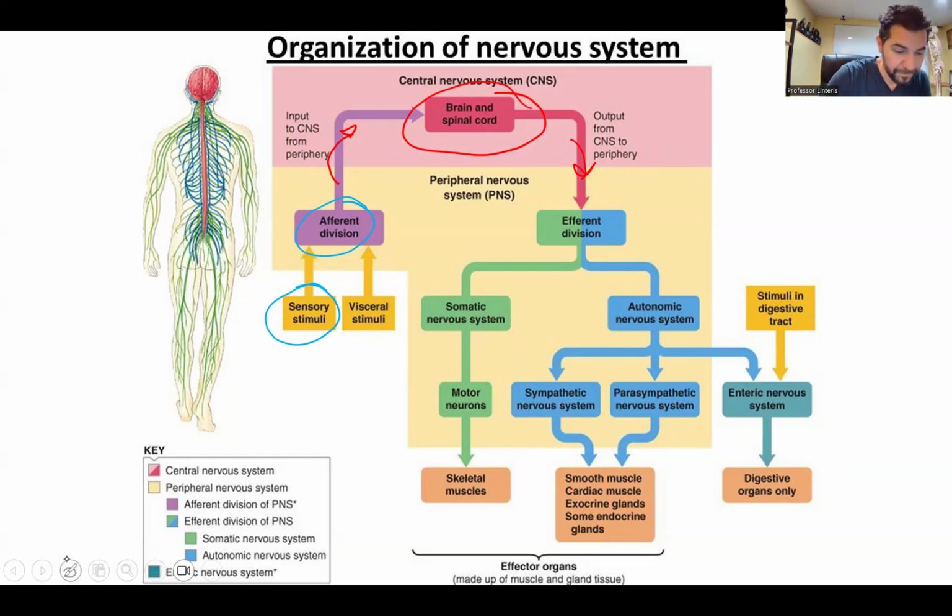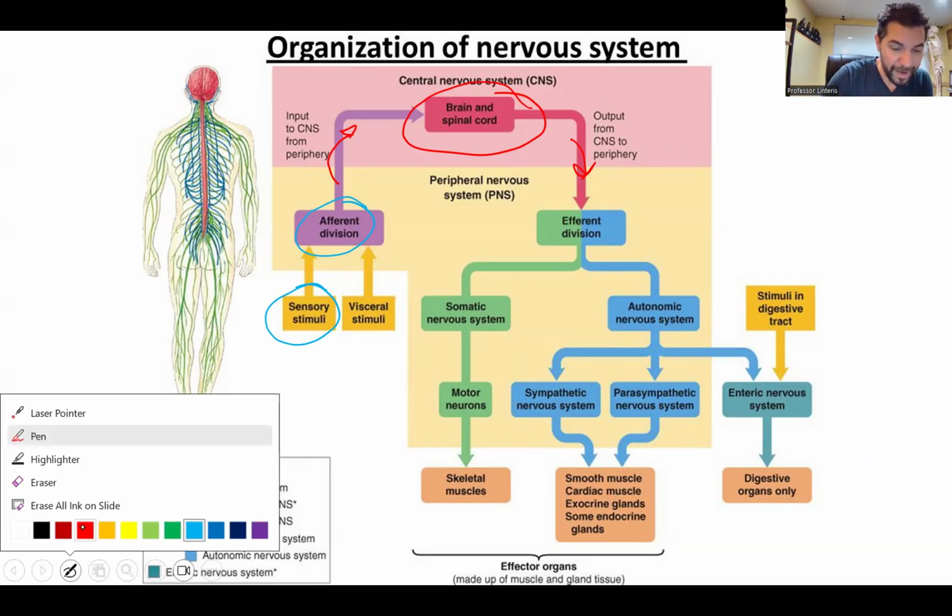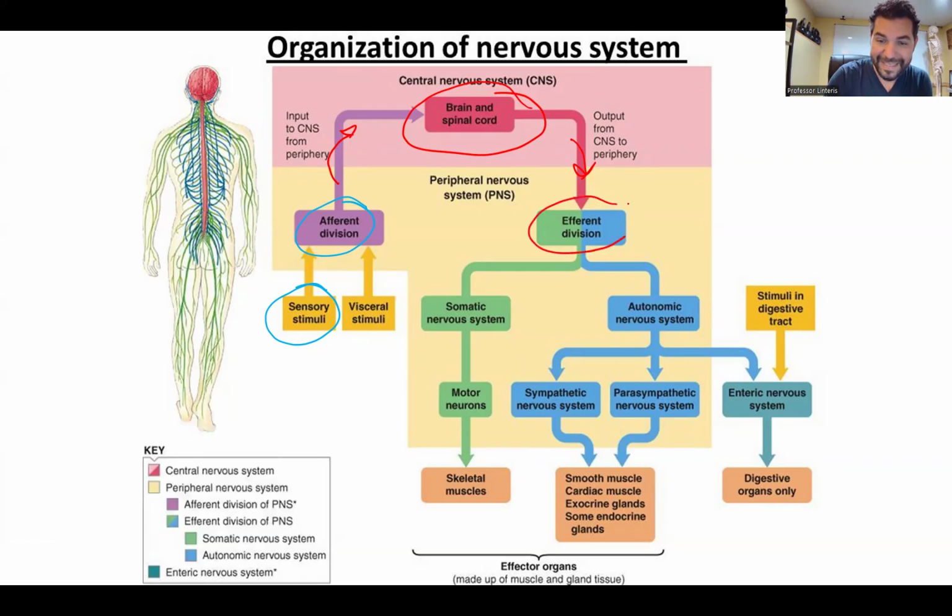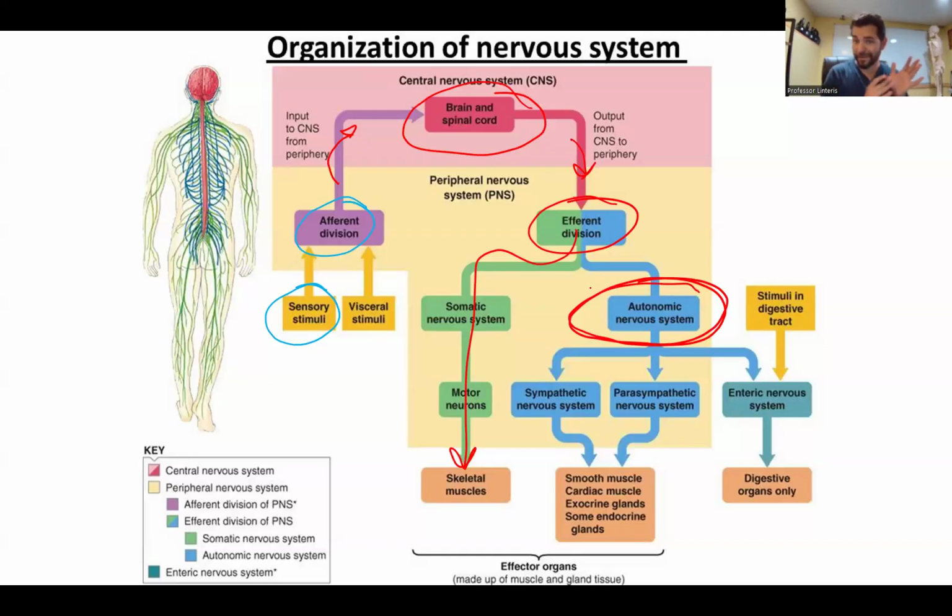Now, we are going to highlight a branch of the efferent division, right? Obviously, this sends messages out to muscles. We discussed that. Now we're going to do the autonomic nervous system. This is a branch off the efferent division, but it doesn't necessarily involve voluntary skeletal muscle control, right?